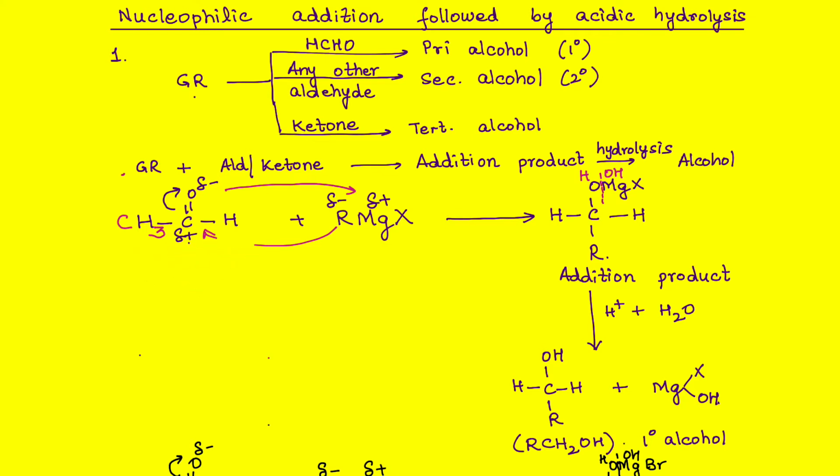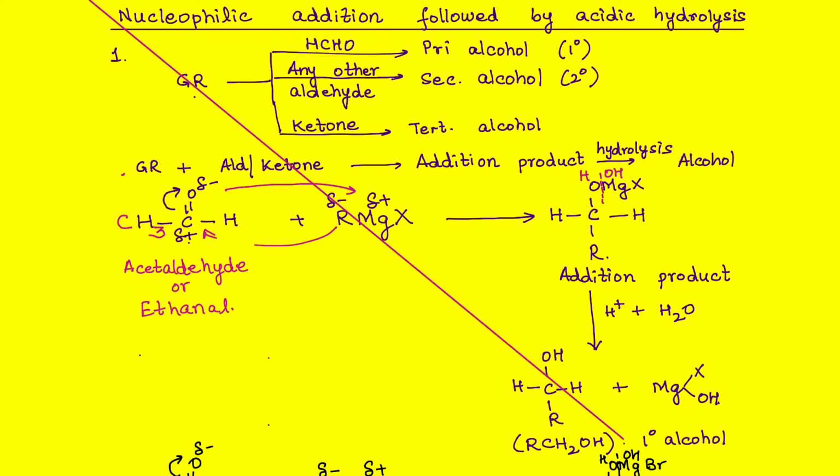CH3CHO is also known as acetaldehyde in the common system, right? Or according to the IUPAC system, it will be ethanal. Oh, very good. I can see that some of you are actually doing it very fast. What you have to do is simply CH3 over here, and I get a CH3 over here.